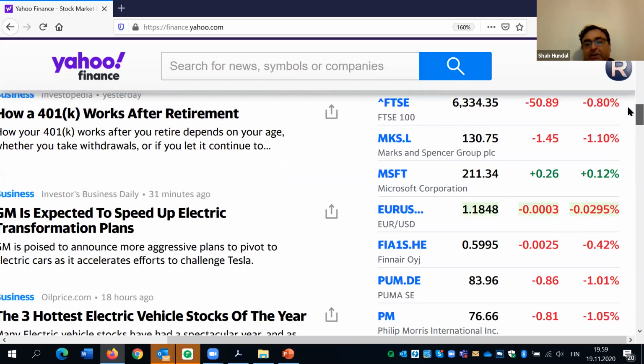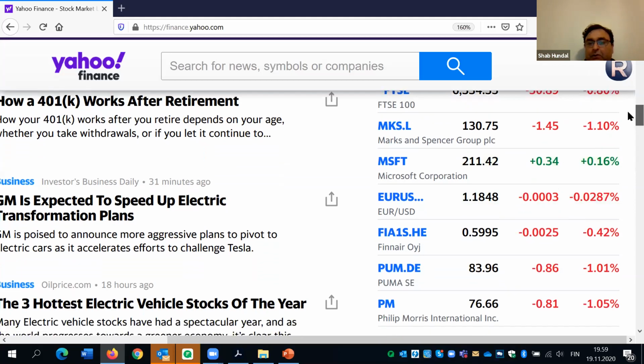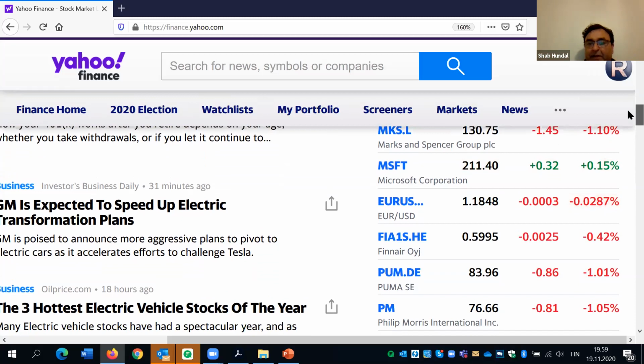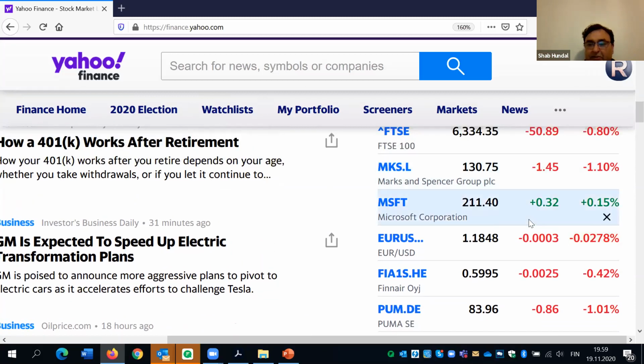Yahoo Finance is a fantastic website because you can see all the trends. For example, we are seeing that Microsoft has been gaining so much today. Since I opened this page, I haven't seen Microsoft turning red, and I haven't seen the price of the euro getting red.